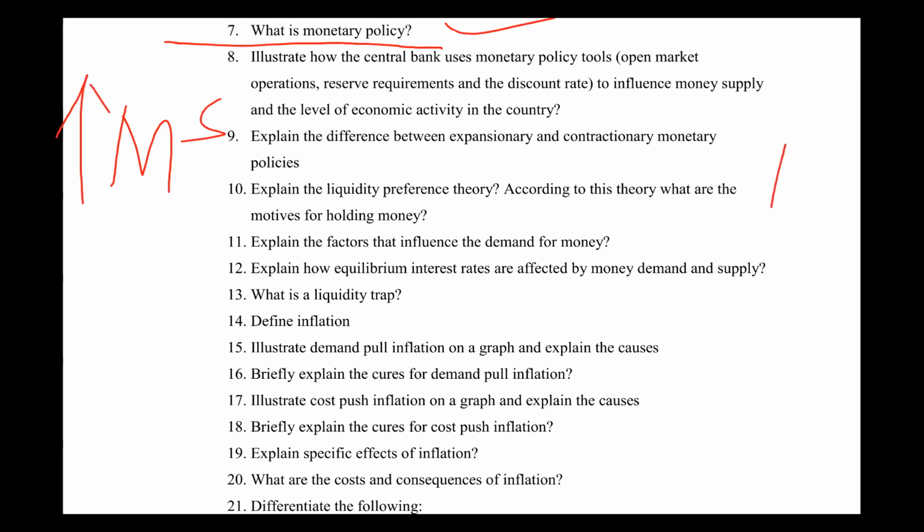And again, when you have too much money in supply, then the central bank has to reduce the supply of money. Now, there is some policy that guides the supply of money. That policy is called the monetary policy. Any question?